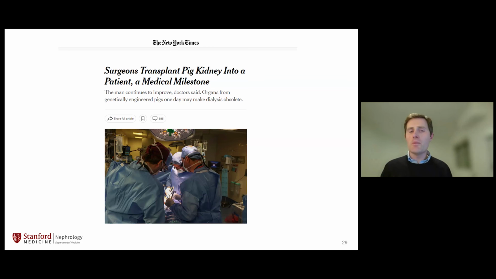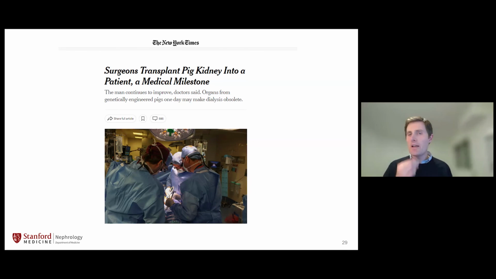Surgeons at Mass General transplanted a patient last weekend who had end-stage renal disease but was too sick to be on the deceased donor transplant list. They implanted a pig kidney, and they reported on it today in the New York Times that he's up and walking, making urine, doing well.